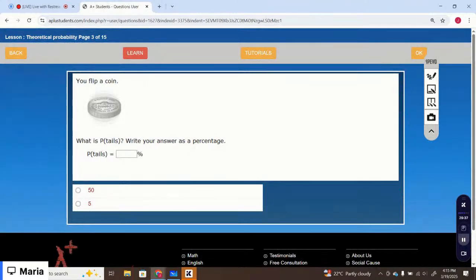Flip a coin. What is the probability of tail? You have to write the answer in percentage form, so which is the correct option?